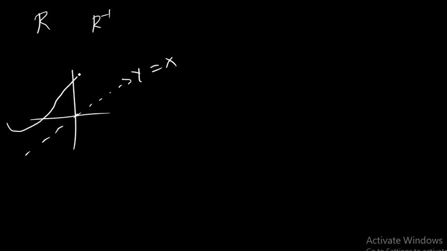They are mirror images of each other about the line y is equal to x. For example, if I have the line y is equal to x, and one graph is found here, the other graph must be here. If this is R, the R inverse will be down here, a mirror image of each other.